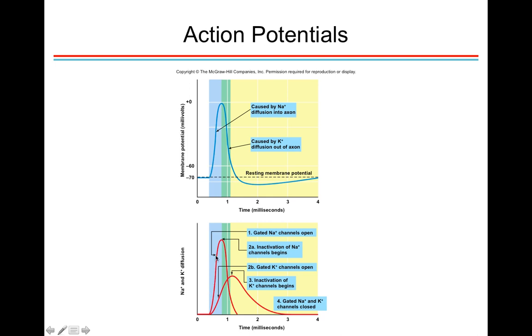So the red line right here is showing how the sodium ion channels open and close, how sodium levels increase and then decrease. And then here, how the potassium levels increase and then decrease. This is due to the opening and closing of the sodium and potassium ion channels. So what happens in the beginning?